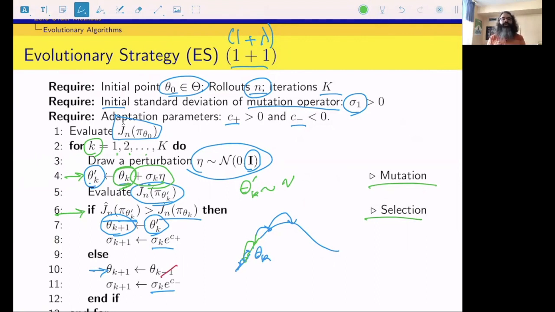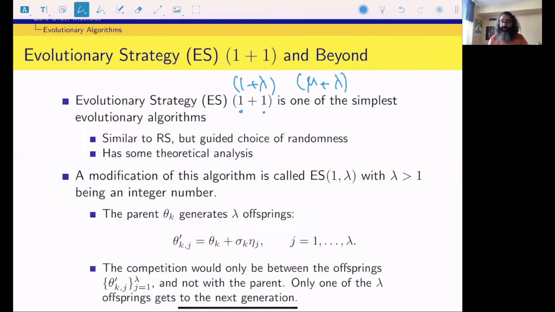So we perturb a good parameter instead of just randomly sampling from everywhere. That's why this evolution strategy might be better. It has a guided choice of randomness as opposed to random search.